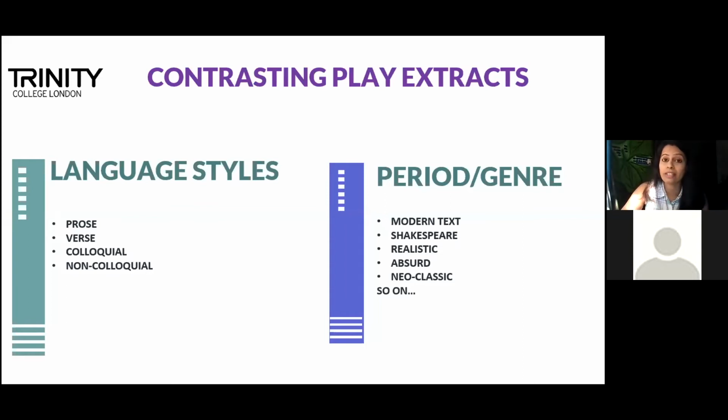Verse would be heavily dependent on poetic nature. And then coming to colloquial, it would be very much an example of a certain location or a status in the society. Coming to non colloquial, it will be not very formal, but conversational English. And then you have periods and genres like modern or contemporary text, Shakespearean text, Jacobean, realistic, absurd, and all of that.